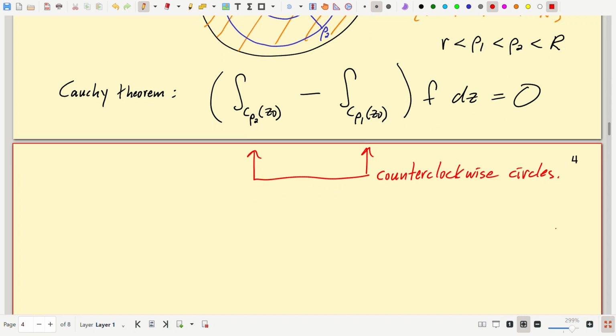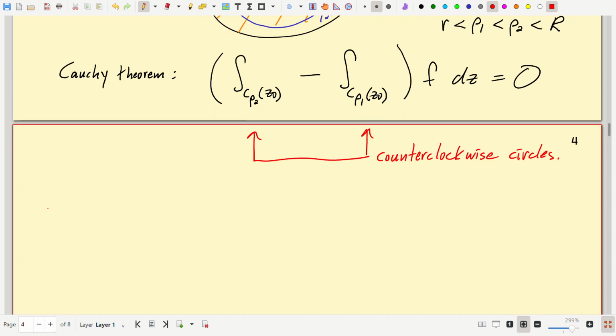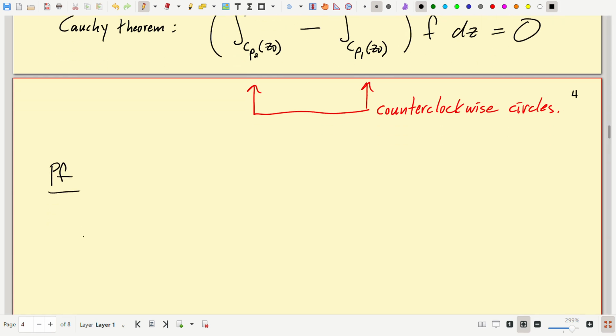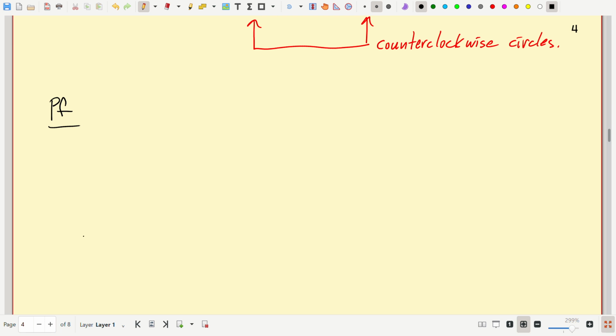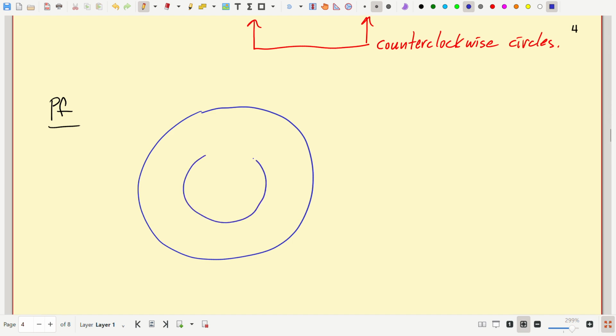Well, the proof is going to be a picture proof, and since it's an annulus, I can get pretty concrete about it. So I'll have this circle and the inner circle centered at z naught.